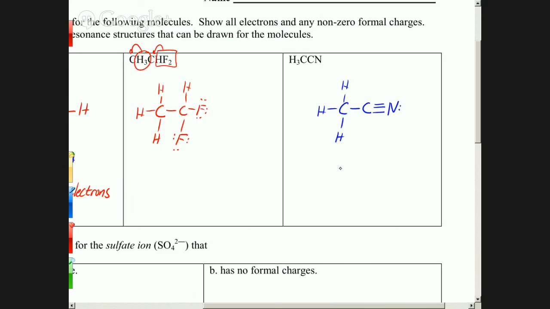So let's say we were doing it that way. So we figured it was going to be like this, but then didn't know what was going to happen, and we knew that there were 6 more electrons to go. So we'd go like 2, 4, 6, but now that carbon doesn't have enough electrons. Or we go 2, 4, 6, but then that nitrogen doesn't have enough electrons.